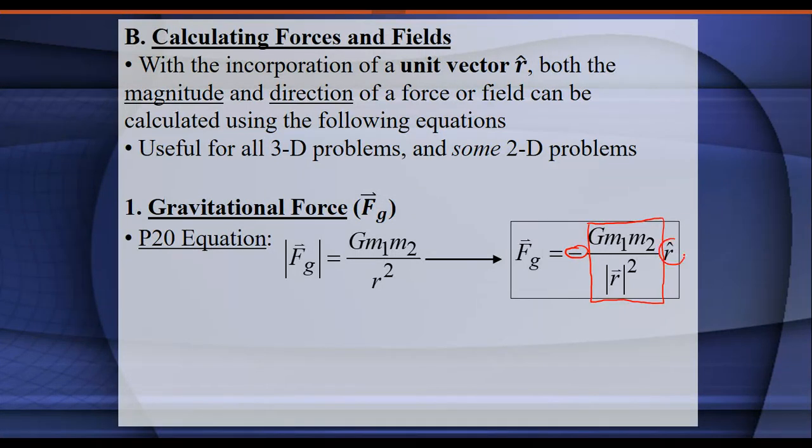And the other different part here is a unit vector. Again, as a quick recall, a unit vector is essentially a conversion factor that will take magnitude. So this part of the equation from physics 20 is magnitude, and a unit vector is exclusively going to tell us just what direction the vector points.